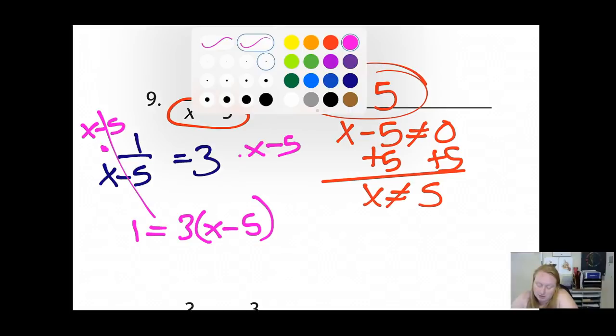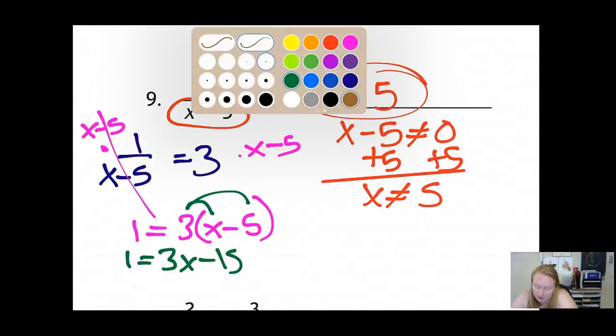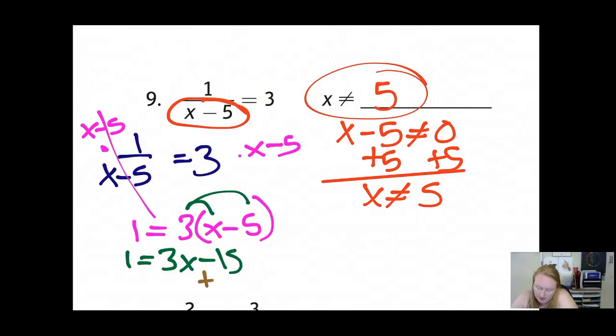Now I get to go ahead and distribute. I get 1 equals 3x minus 15. So now I get to add to both sides. That's a property of equality because I'm doing it to both sides. So I'm going to add 15 to both sides.